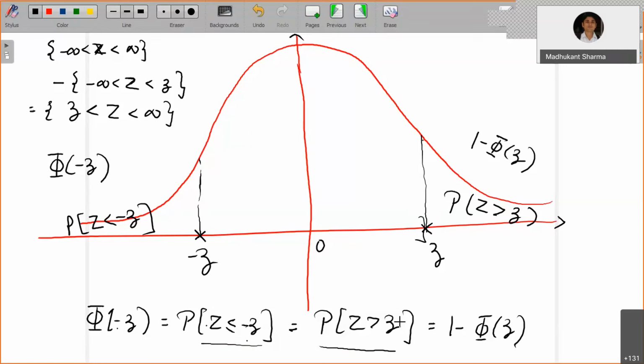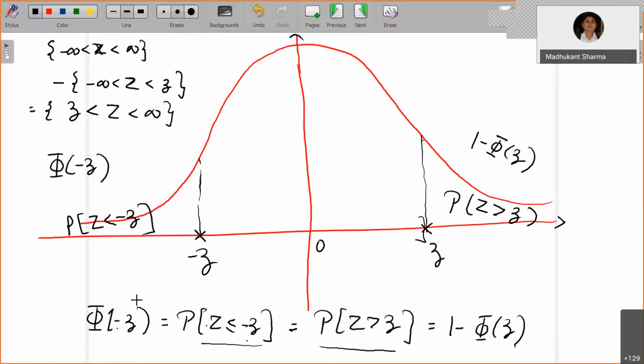Because we are going to use the standard normal table, where the values are given only for positive arguments. Using this symmetry, you can obtain the values where the argument is negative, so you can still use that normal table.